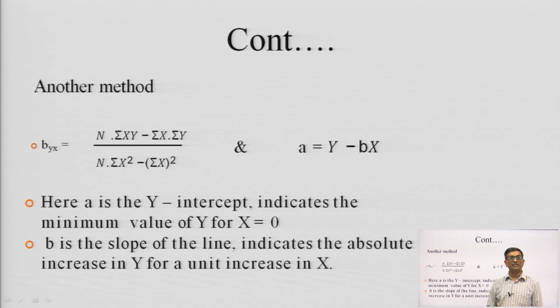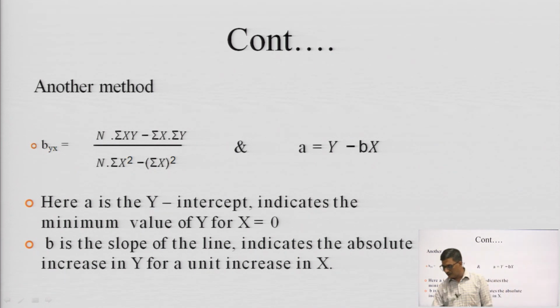That means b is the regression coefficient or slope. It tells us, if we increase x by 1 unit, how much y will increase. So b is equal to slope or regression coefficient.